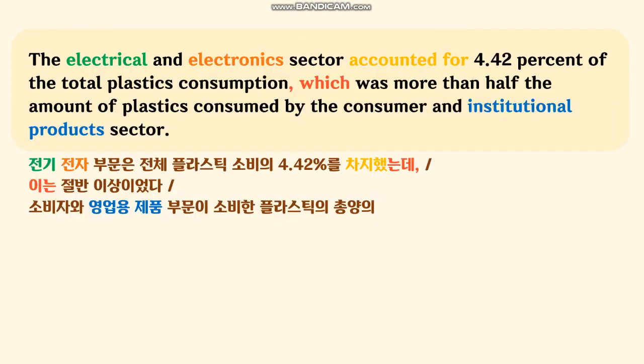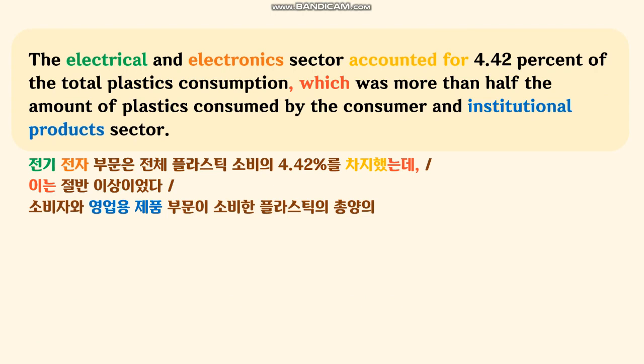The electrical and electronics sector accounted for 4.42% of the total plastics consumption, which was more than half the amount of plastics consumed by the consumer and institutional product sector. The electrical and electronics sector accounted for 4.42% of the total plastics consumption.